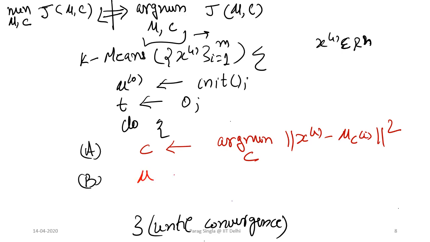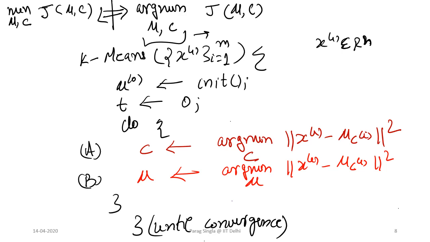simply, given your new cluster assignments c's, we now want to find those mu's, the cluster representatives, which again minimize this quantity, but now with respect to mu's. And we repeat this process until convergence. Let us look at this expression again.